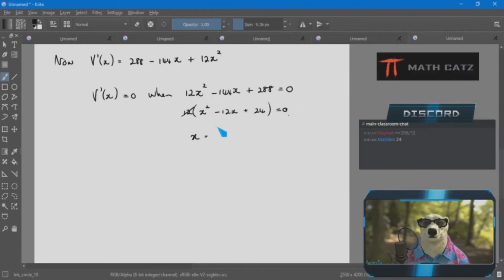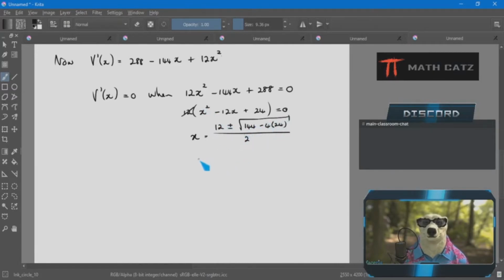So negative b is 12 plus or minus square root of b squared is 144 minus 4 times a, which is just 1, times c, which is 24, over 2 times a, which is again just 1.